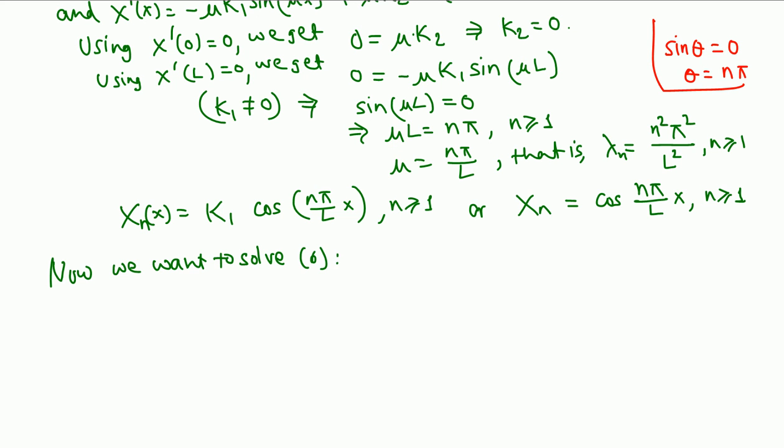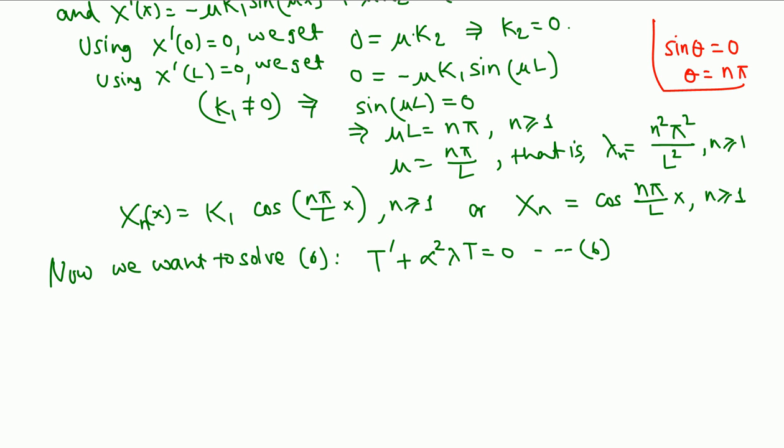Okay, that was, let me go back, that was t prime plus alpha square lambda, or lambda alpha square, same thing, t equals 0. This is true for all lambda, but as we just saw, there are certain lambdas for which x is non-trivial.